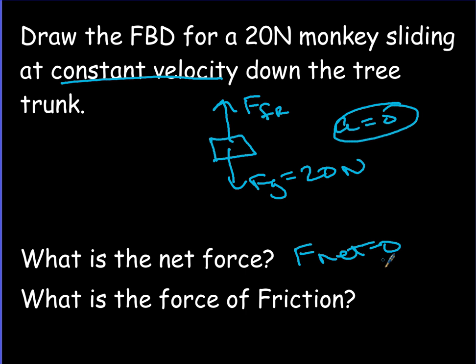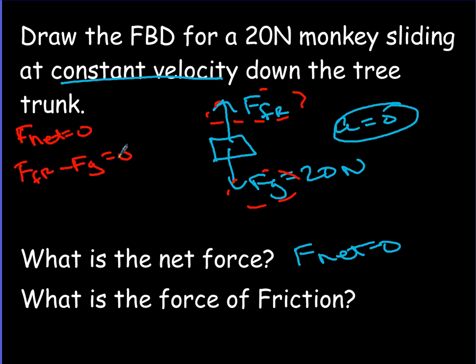And what is the force of friction? Well, let me do this in red. I want you to be clear on this. F net is 0. So the force of friction points up. So that's positive. Fg points down. Must equal 0. I want friction by itself, so I'm going to add Fg to both sides.